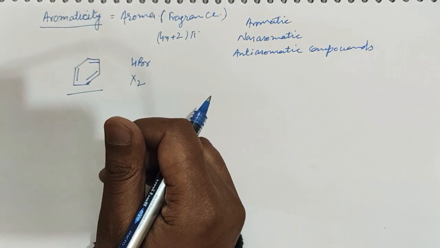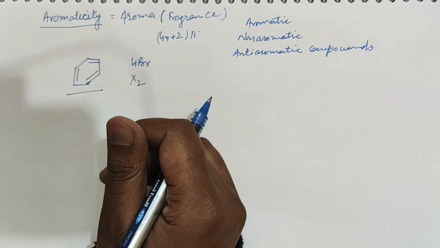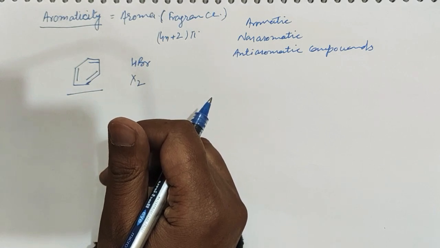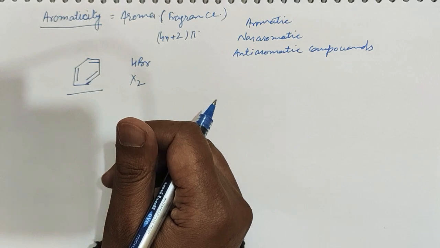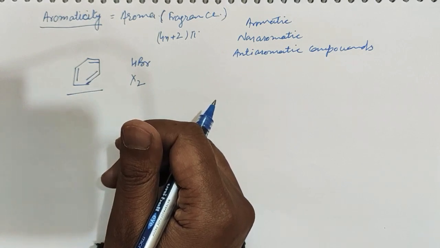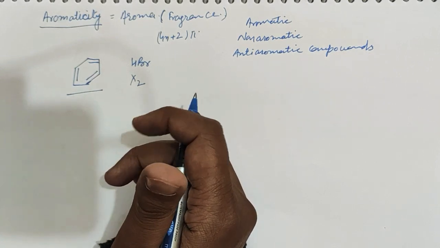Decolorization of bromine water and the Baeyer test readily add to an alkene double bond. However, benzene does not add chlorine except under conditions necessary for free radical addition, and catalytic hydrogenation also occurs only at high temperature and pressure.